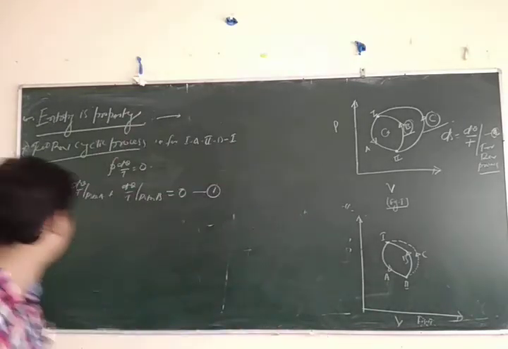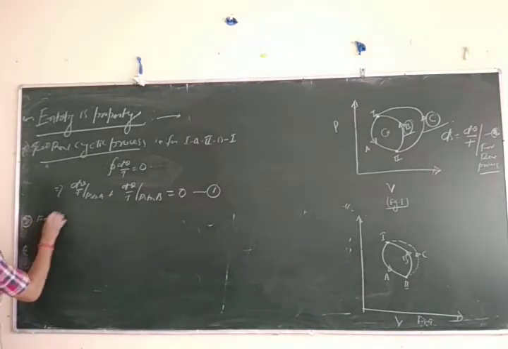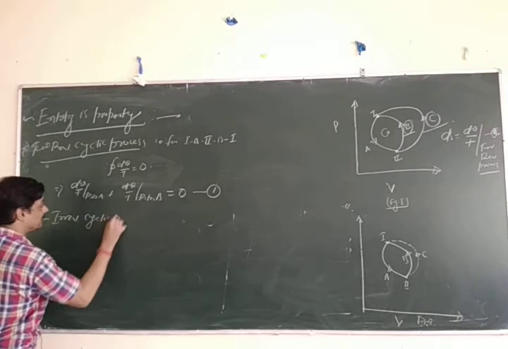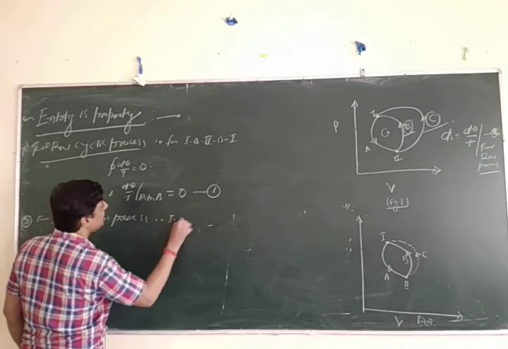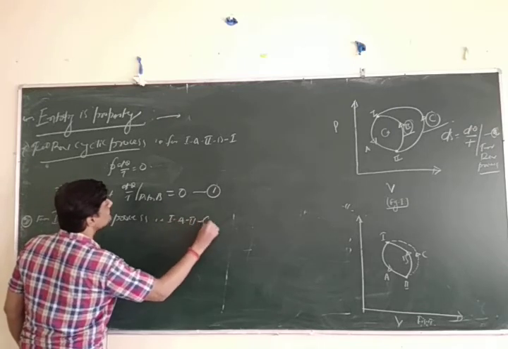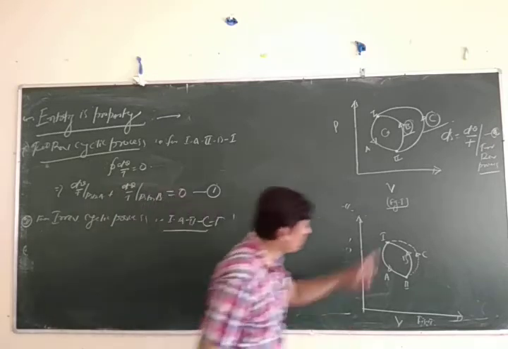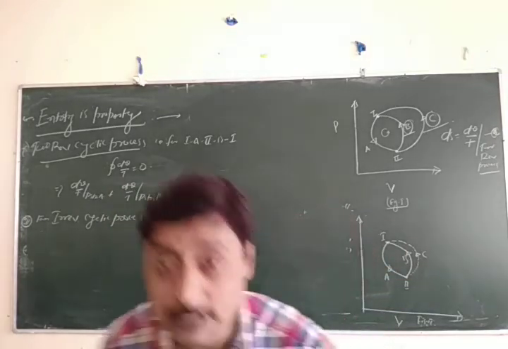Well, now for the irreversible cyclic process, that is 1A2C1. This is an irreversible cyclic process. Why is it called an irreversible cyclic process?